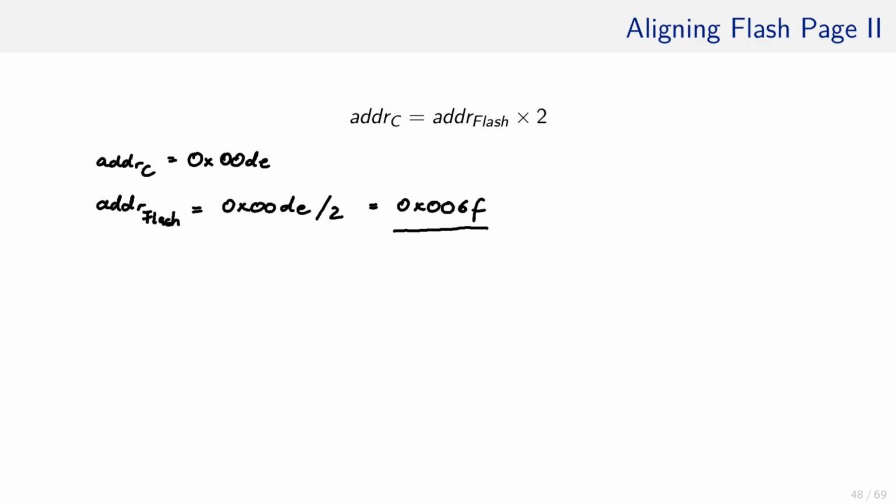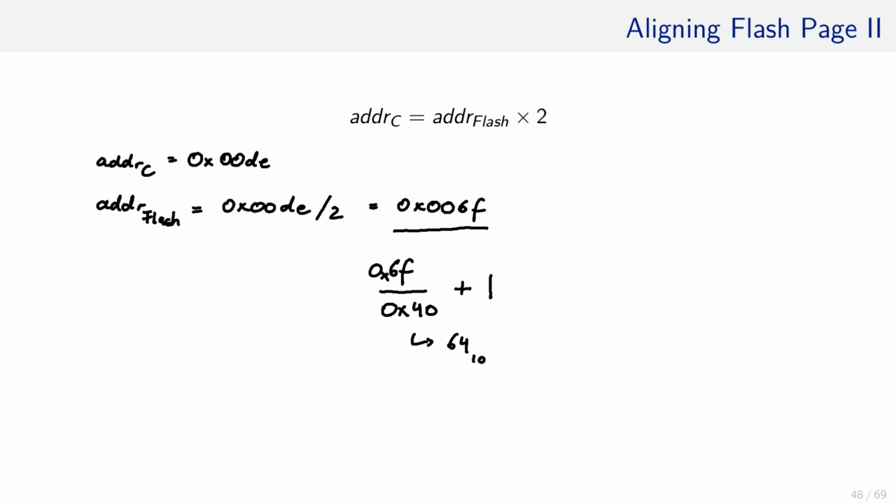Therefore, we compute 6F in hexadecimal format divided by the number of words in that page. And that is 40 in hexadecimal format, which is equal to 64 in decimal. So this is 64 words in decimal.